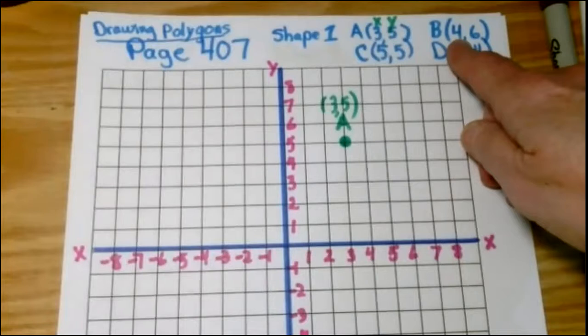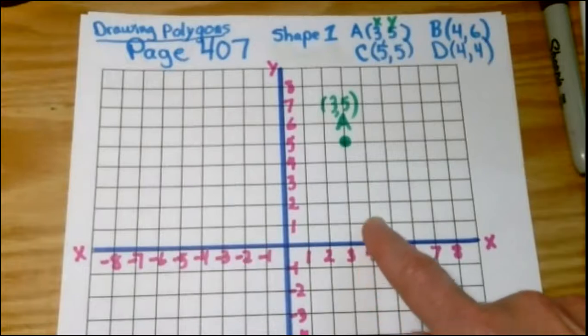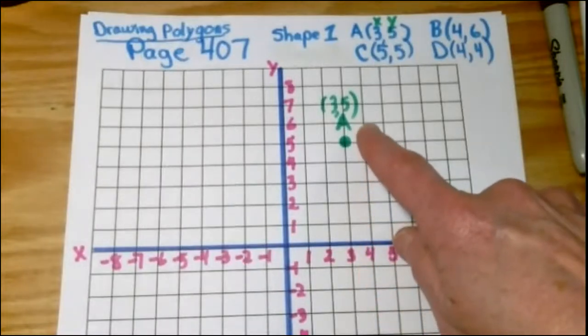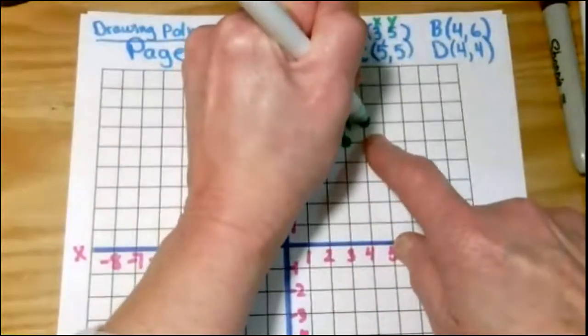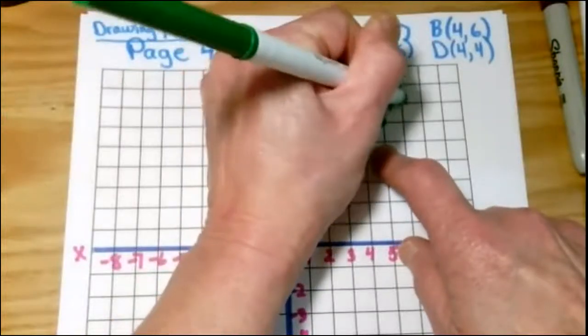Point B is 4, 6. 4 is my x value, 6 is my y value. I find 4, and I have to go up to 6. That's point B, and the coordinates are 4, 6.